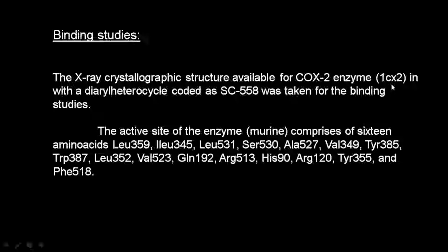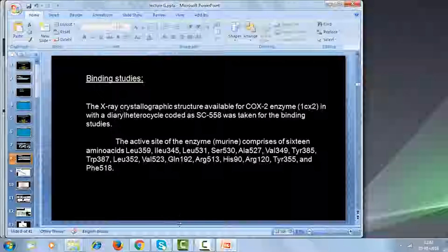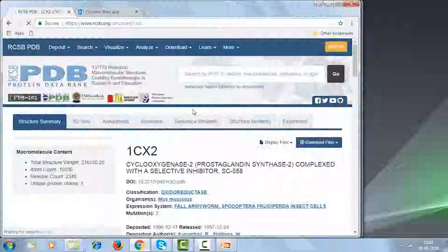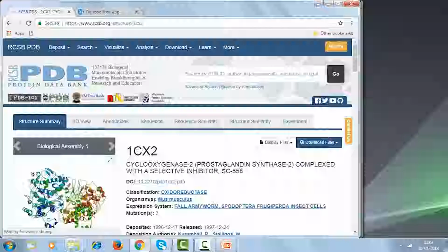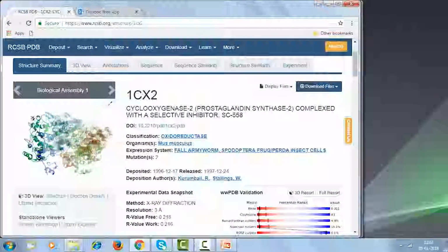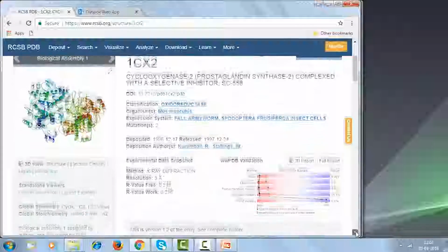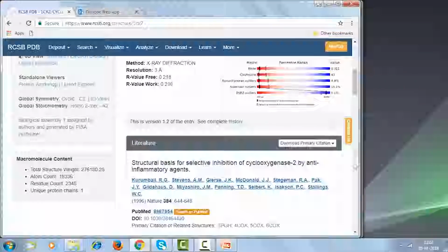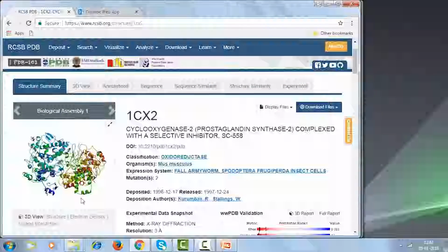It's called 1CX2. If you look at your PDB, 1CX2, you can see cyclooxygenase 2, which is also called PG synthase 2. This is the one, and it gives you the literature as well.